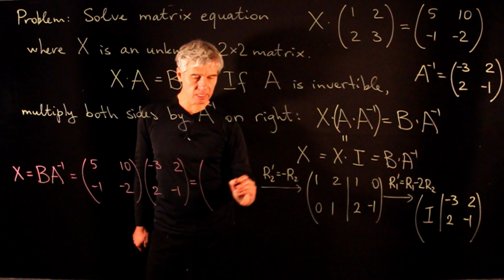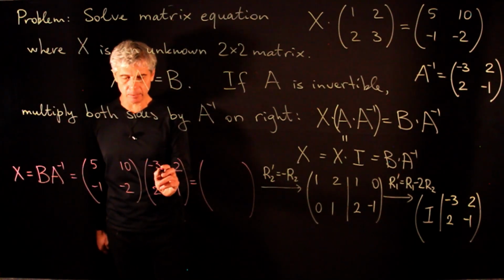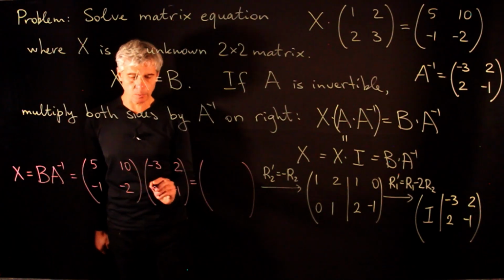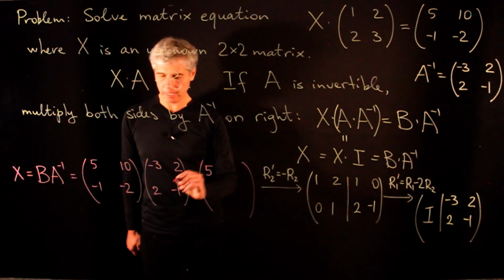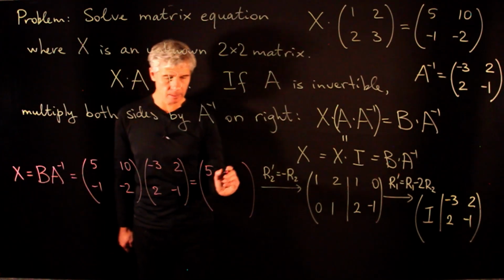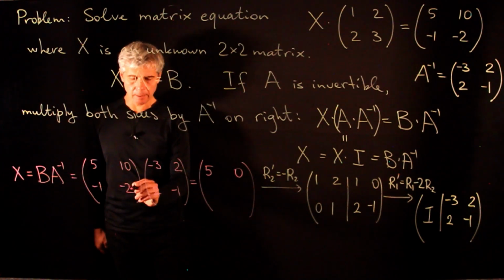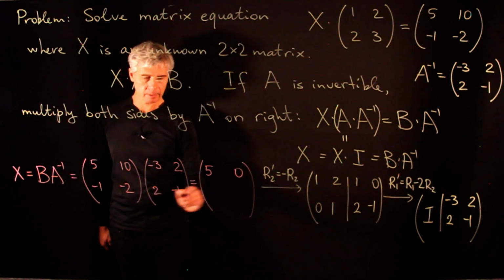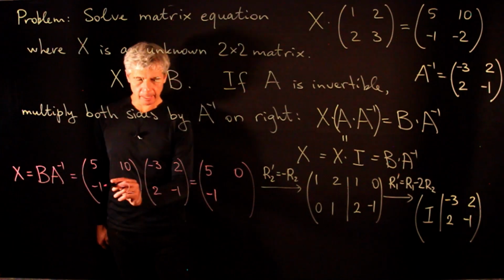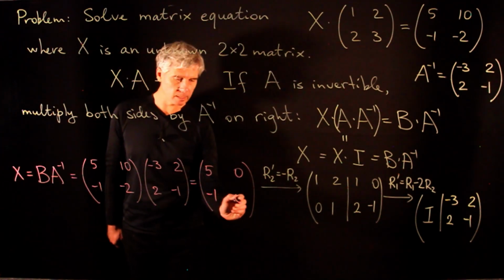And so the matrix X is 5 times negative 3, that's negative 15, plus 20, so that's 5. 5 times 2, that's 10, minus 10, that's 0. Here we have 3 minus 4, that's negative 1. And we have negative 2 plus 2, that's 0.